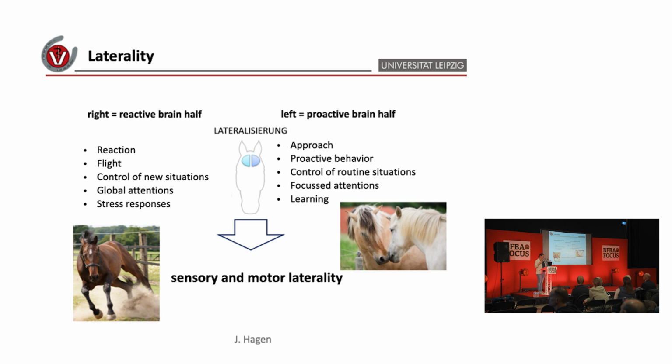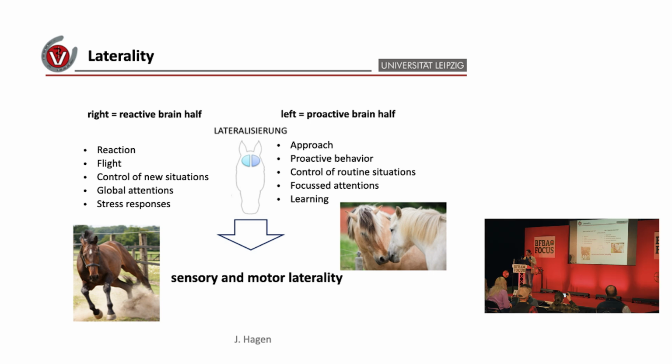So we have a very clear sensory motor laterality in horses, because the eyes are very lateral and you have a very clear crossing in the brain hemispheres. So 80% of the information from the left eye is crossing to the right hemisphere and the other way around. So in conclusion, horses are very lateral in general.